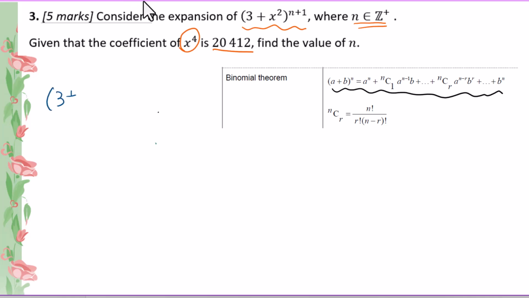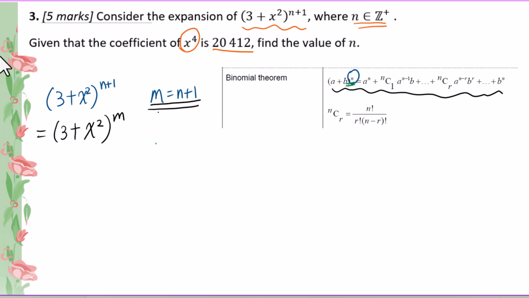For (3 plus x squared) to the n plus 1th power, this is n. So we will make m equals n plus 1. We will get (3 plus x squared) to the m power. Then we know this is a, this is b, and n equals this m in this formula. This is the r plus 1th term.